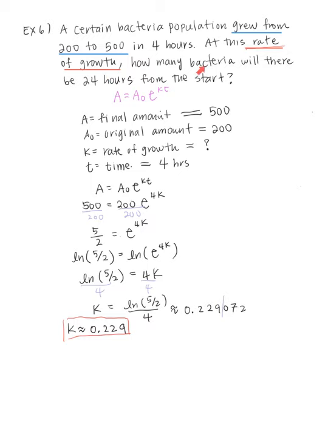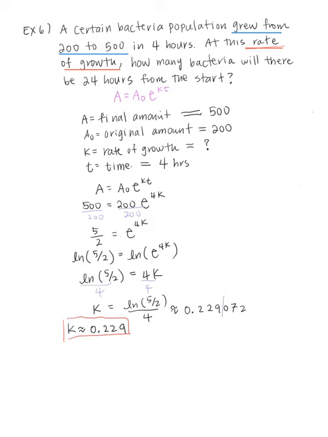Okay, now how many bacteria will be there in 24 hours with the rate of 0.229? So the next step, what we need to do is use this rate of growth to predict the number of bacteria there is going to be in 24 hours. So guess what? We're going to have to reapply the formula again.